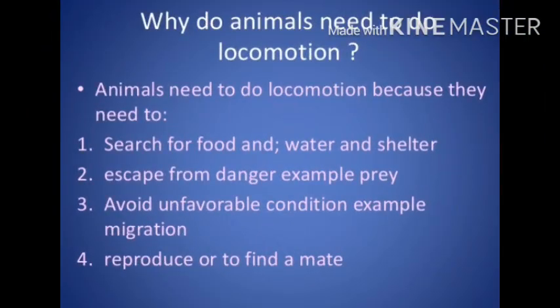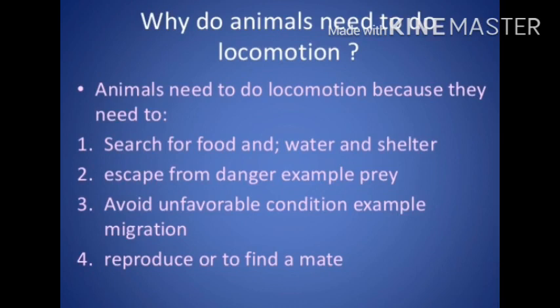Now the question arises, why do animals need to do locomotion? Animals need to do locomotion because they need to search for food, water and shelter, and escape from danger, for example prey. When there is danger, they want to escape from that place.